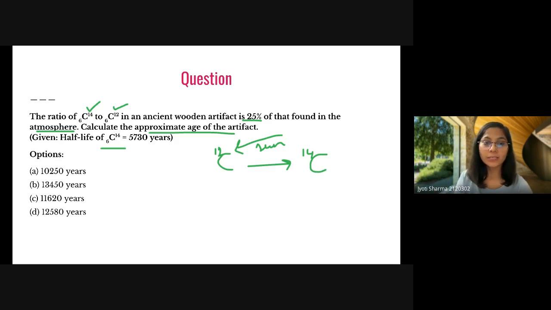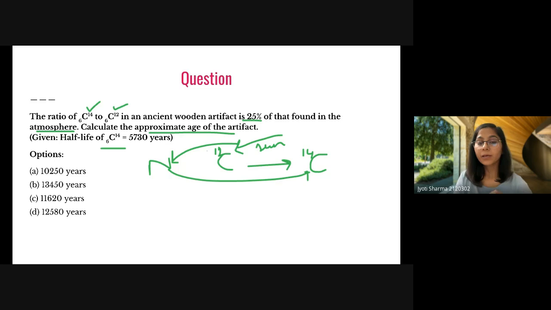You can also say that we have nitrogen as well, and if these sun rays strike the nitrogen, it will give you C14. So we have some ratio of C12 and C14 in the atmosphere, and that ratio is approximately 10 raised to the power minus 12. What it means is that for every 10 to the 12 atoms of C12, we have one atom of C14 in our atmosphere.